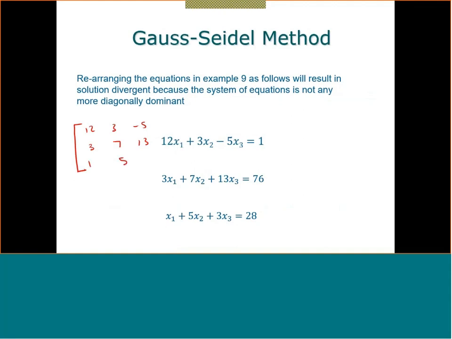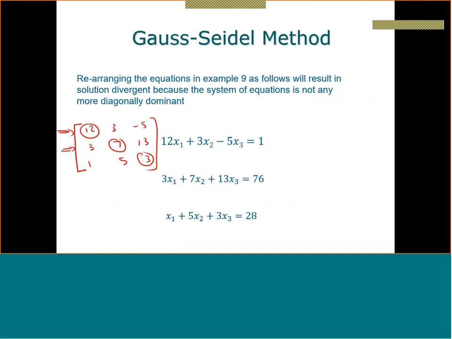If you go to the first line, 12 is more than 3 plus the absolute value of minus 5, so I'm satisfying this condition. 7, on the other hand, is not, and 3 is not. So in 2 rows, I'm not satisfying. This is why the system did not converge.